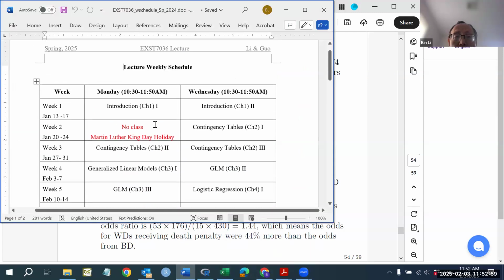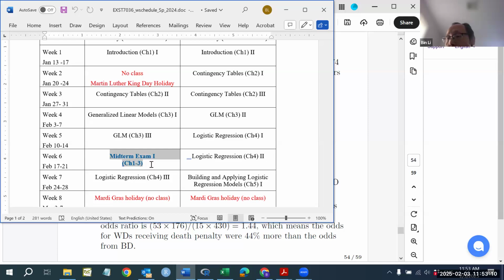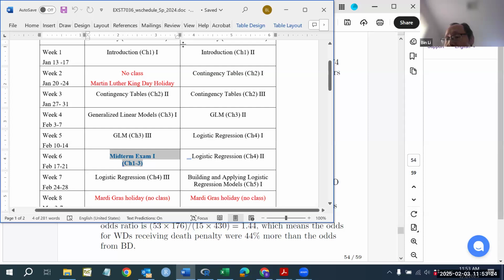look at the weekly schedule. We have a midterm exam coming, chapter 1 through chapter 3. So you can start to prepare for chapter 1 and chapter 2. And next week I will give you some old exams for exam 1, and we will discuss more details. The exam will be all in person.